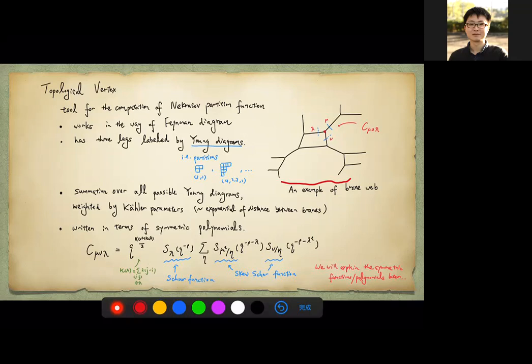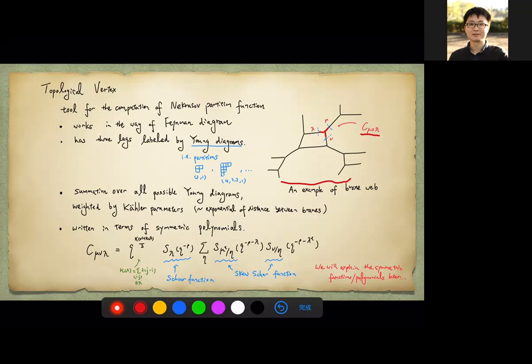Each usually has 3 legs, so we truncate the diagram, give this kind of 3-leg part the name of a topological vertex, and assign this topological vertex function C mu nu lambda to the vertex.